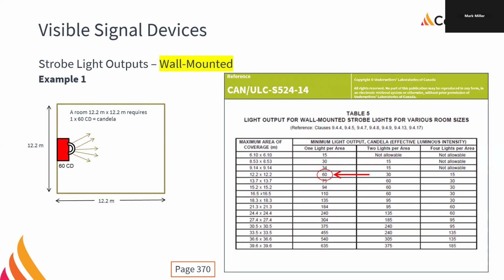If we're going to put two lights in, we're going to rate them for 30 candela. If we have a 6 by 6 meter room, we're going to put a 15 candela in for one. We cannot put two in that room. It'll be too bright. It'll be too much. Right. So it just depends on the intensity.